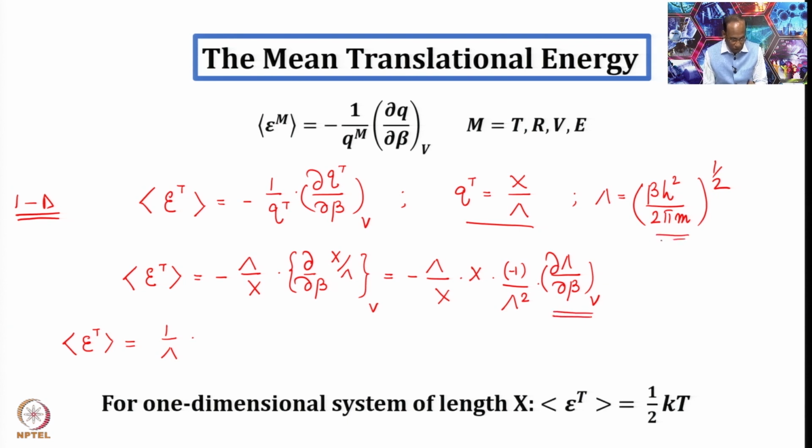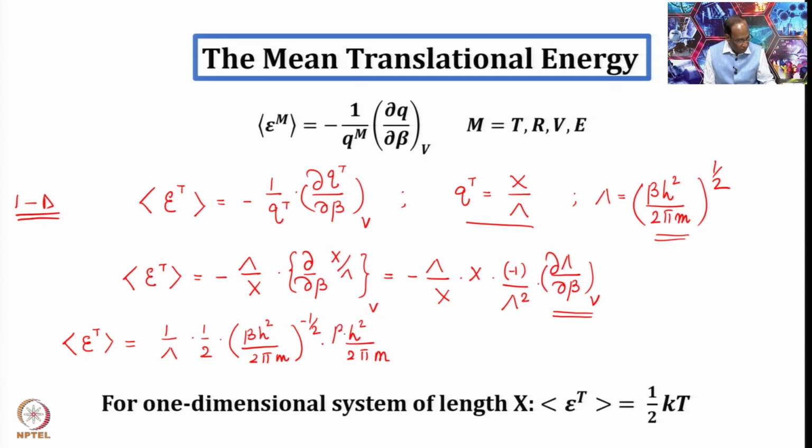Let us apply this. This will be 1 by 2 into beta h square over 2 pi m, to the power minus 1 by 2, into h square over 2 pi m. This is the derivative of lambda with respect to beta. Now I will play a trick over here.